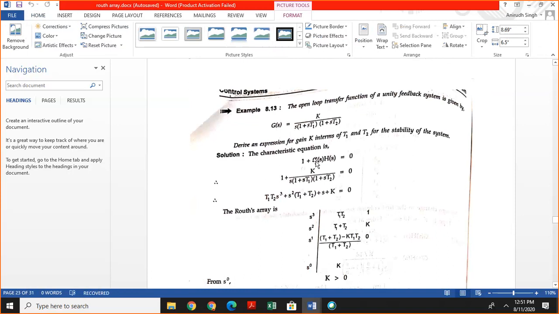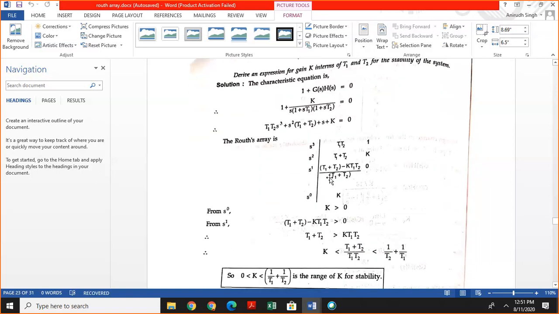First, find the characteristic equation, which is 1 plus G(s)H(s), and from the Routh array, if the system is stable, all these elements should be greater than 0: K is greater than 0, and solving this term, we get the condition that K is less than 1 plus 1 by T2 plus 1 by T1.